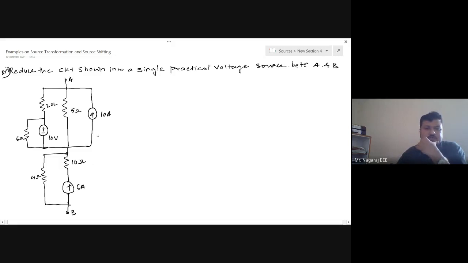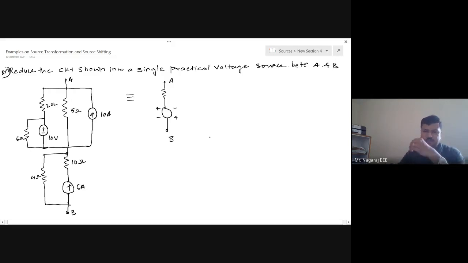I have to reduce this entire circuit connection into a single equivalent practical voltage source like this. The practical voltage source will be between A and B, with this resistance and this voltage. It can be plus or minus, or minus or plus.